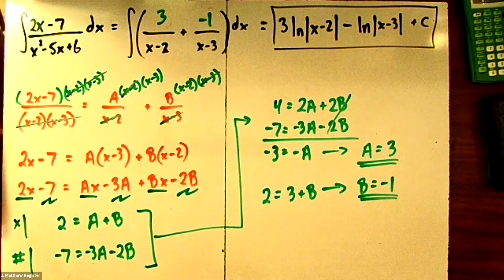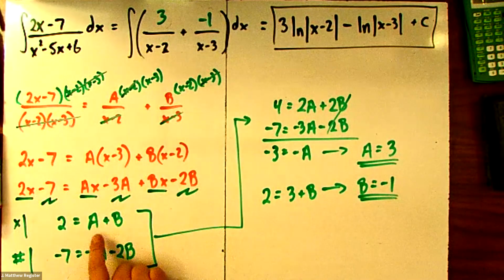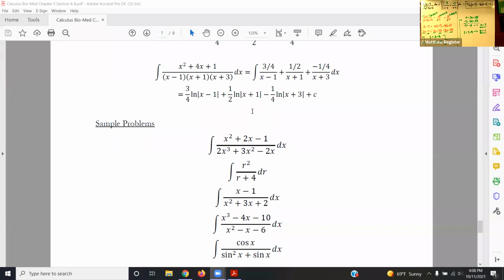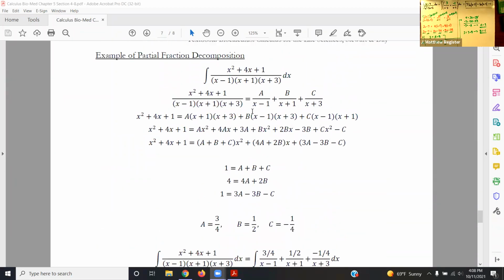And this one, as you saw, became a 2x2, 2 equations and 2 unknowns. The one which I had in the notes, sharing the screen again, worked out, was a 3x3, but it was the exact same process. If we have x squared plus 4x plus 1 over x minus 1, x plus 1, x plus 3, we can rewrite this as a over x minus 1 plus b over x plus 1 plus c over x plus 3.